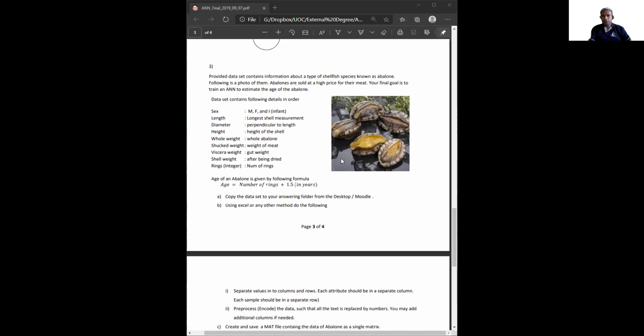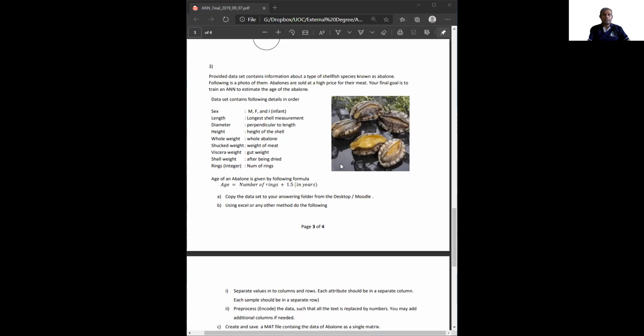The rings are not the ones that you see here. The idea is, measuring the age is important, and the conventional way to get the age is by counting the rings. You count the number of rings and add 1.5, and you get the age in years.